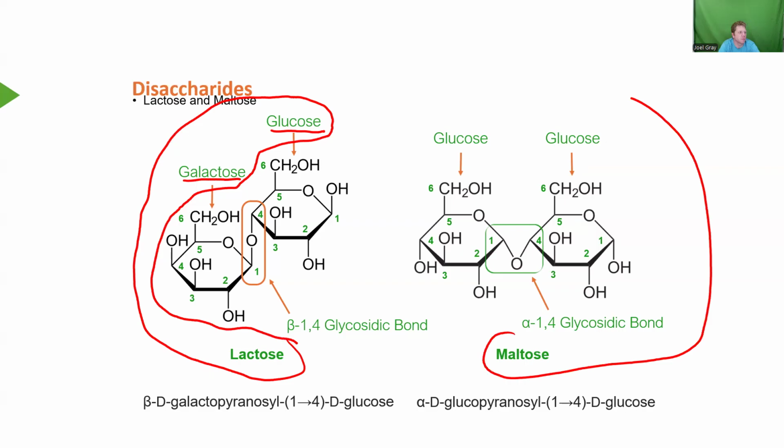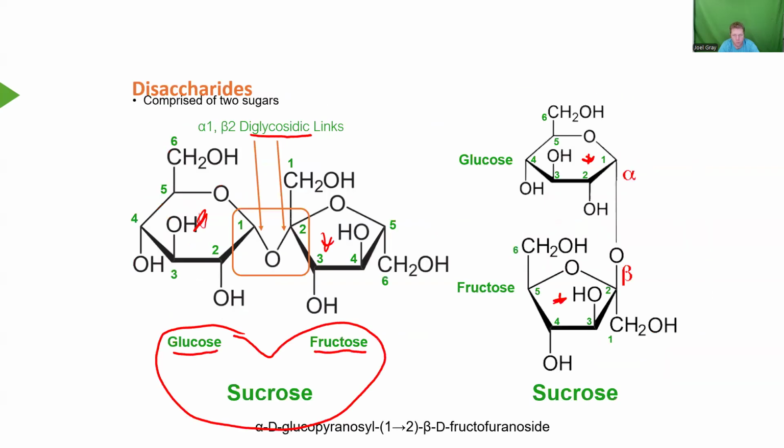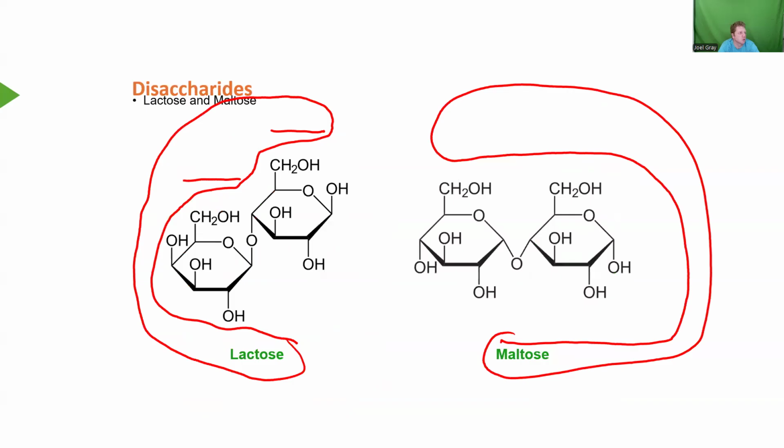Maltose is made up of glucose and glucose. Sucrose is glucose and fructose. Lactose is galactose and glucose. Maltose is glucose and glucose.